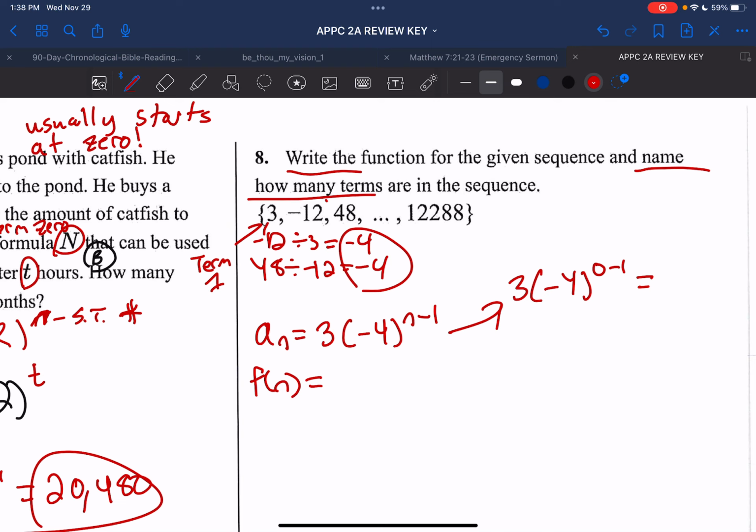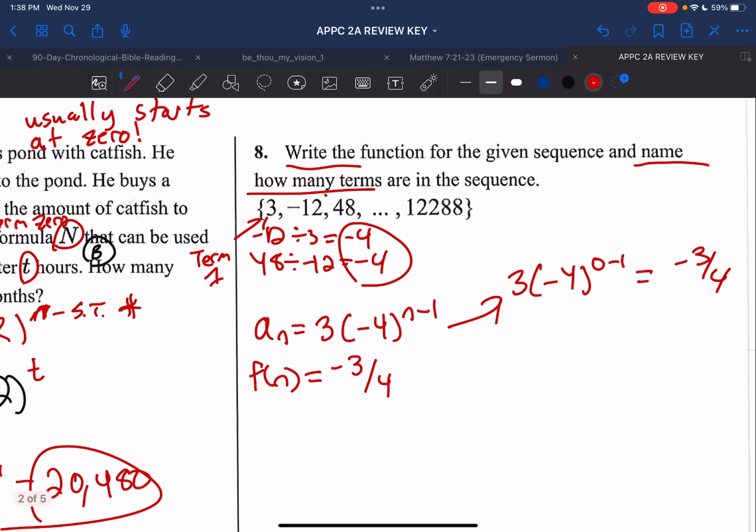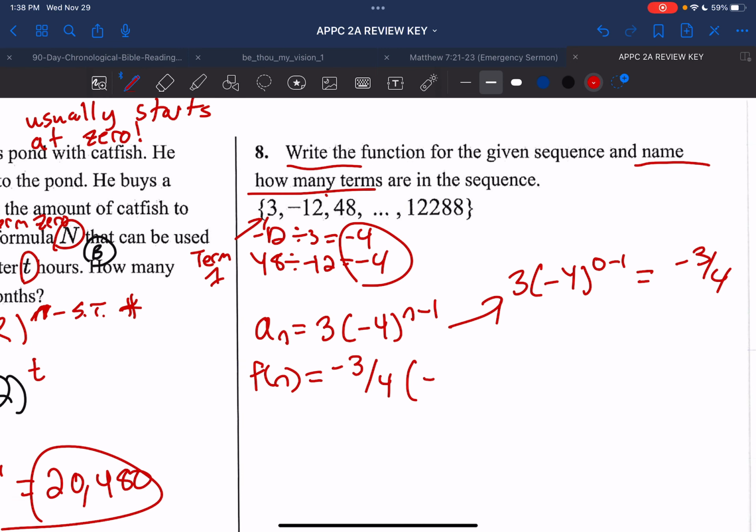Math enter because it gave me a decimal. I don't like decimals. -3/4. So written for the zero term, or written in function notation, it would be -3/4 times -4 to the power of n, because once again this is my zero term.